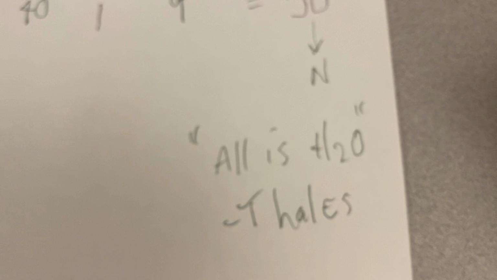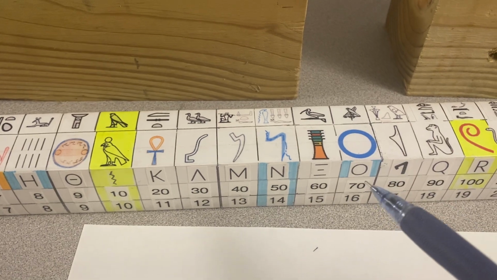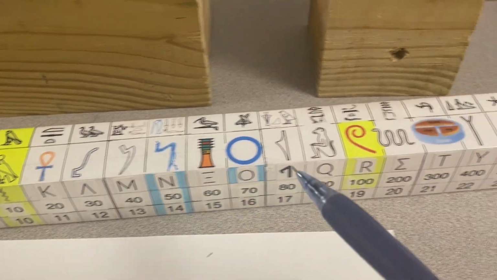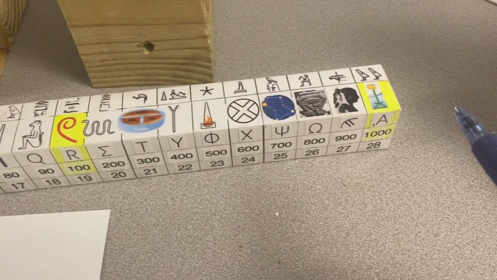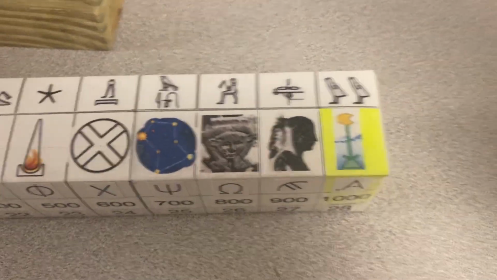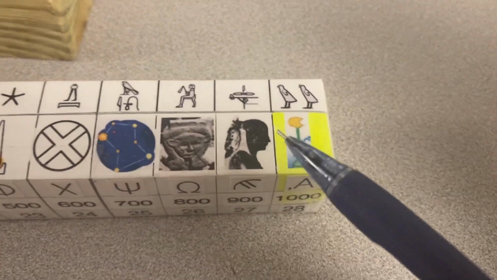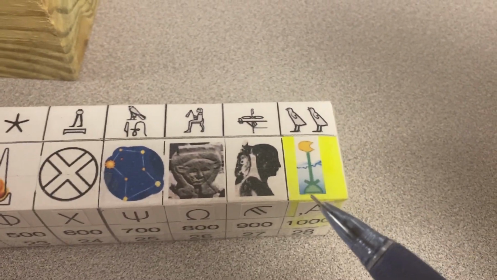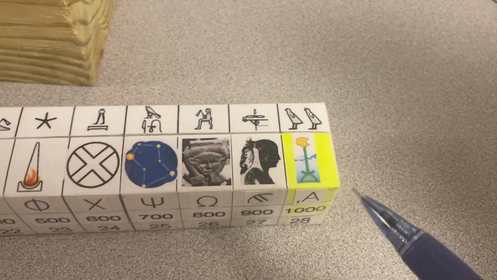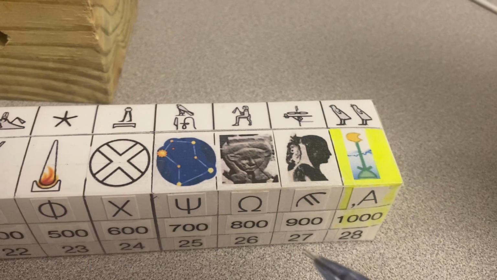Thales said, all is water, and all goes back to being water. So the flood starts here, and then we have the ocean, which is salt water, and then it goes back here. The cubit ruler goes over here. The sun is reborn at the 28th letter, or there's the sun bulb coming out of the rising lotus that comes out of the water at the 28th letter, and Sampi is the 27th letter.